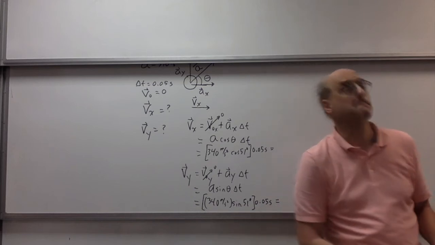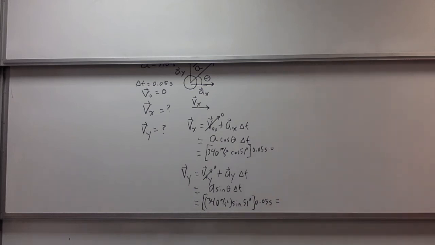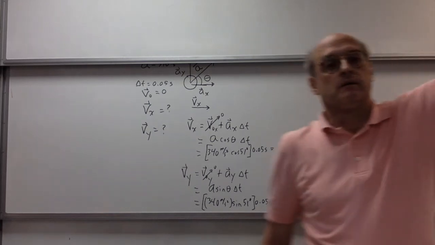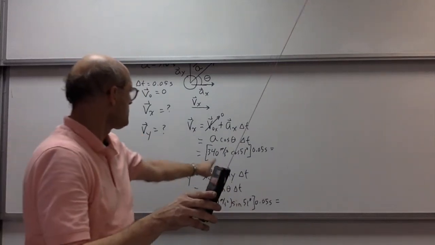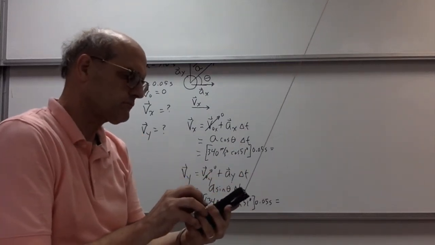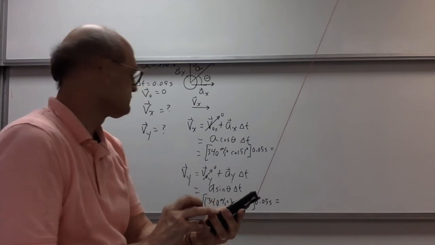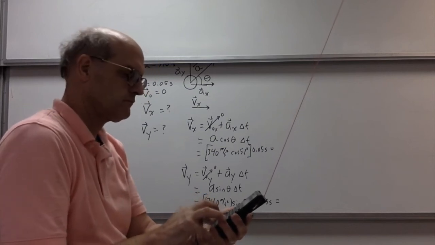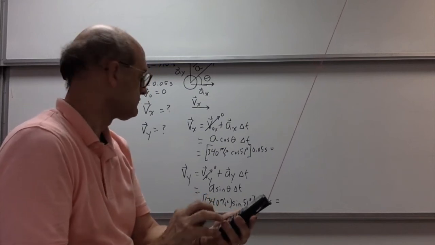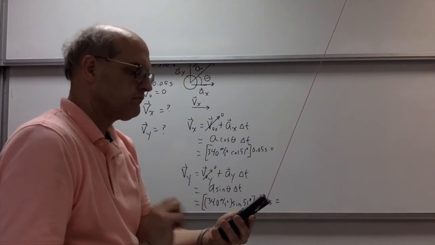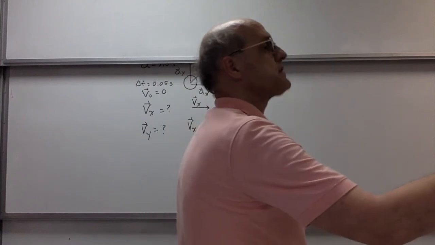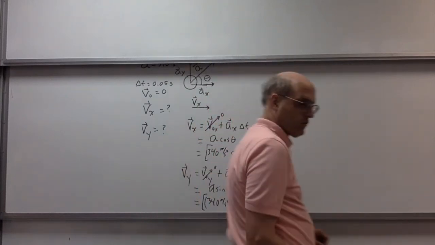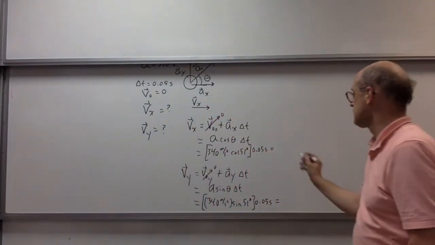Okay, so let's see what we get. So Vx, I get 10.7 meters per second for Vx.